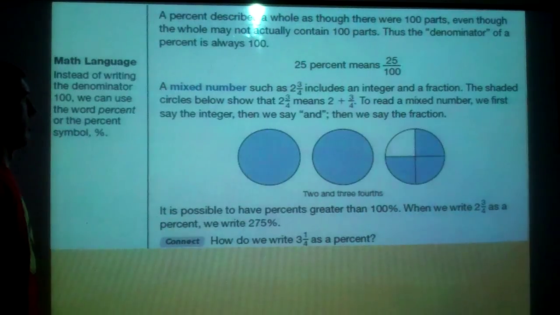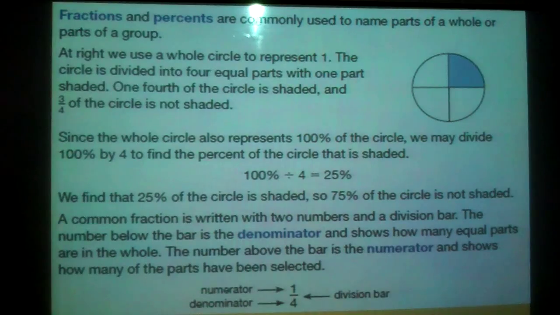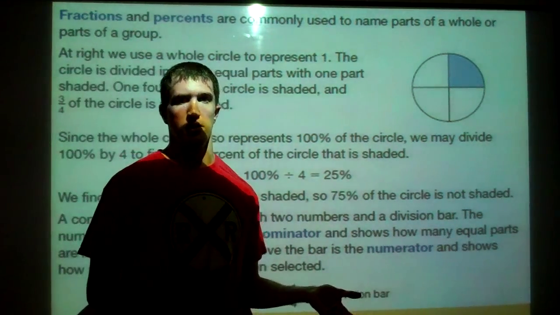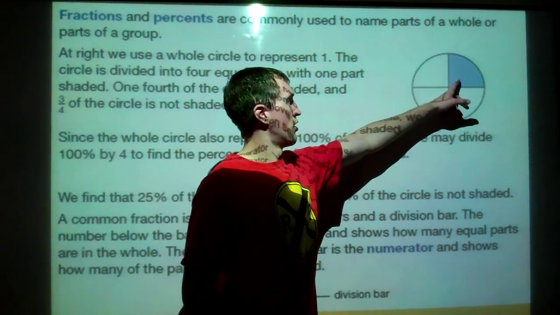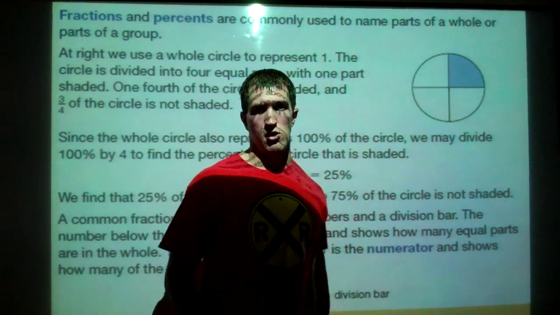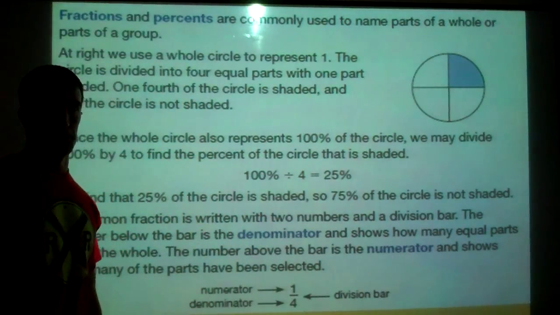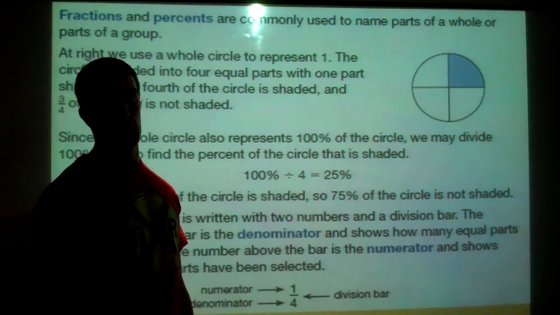So, first things first, fractions and percents are commonly used to name parts of a whole or parts of a group. For instance, if we just thought of pizza or pie, what is shaded here, one of the 4 pieces are shaded right there, so the part would be 1 out of the whole 4.